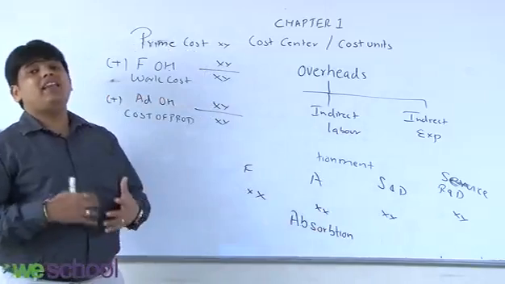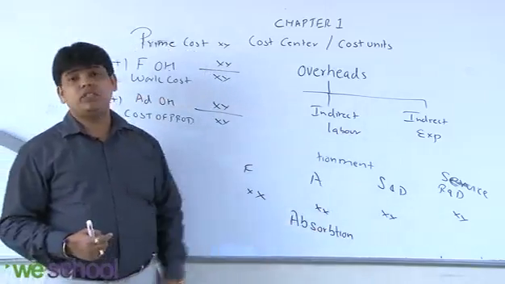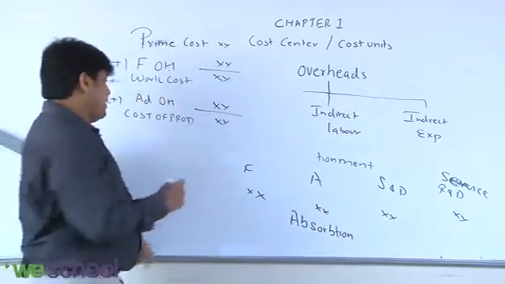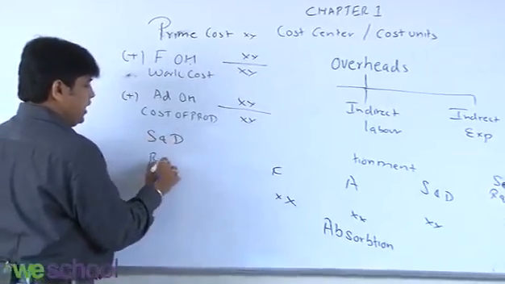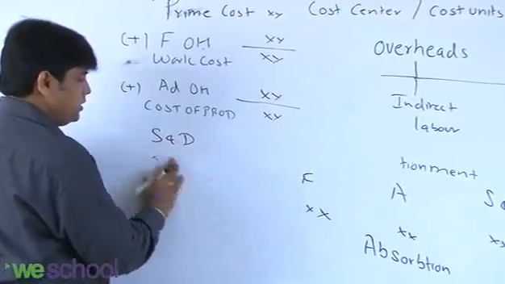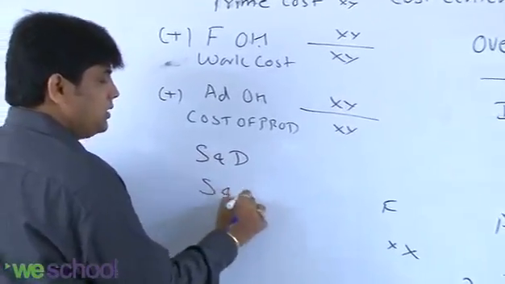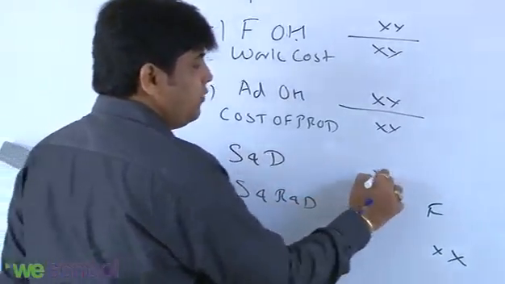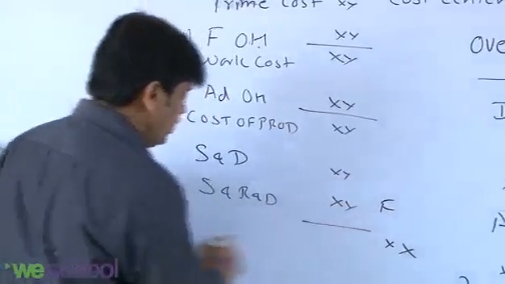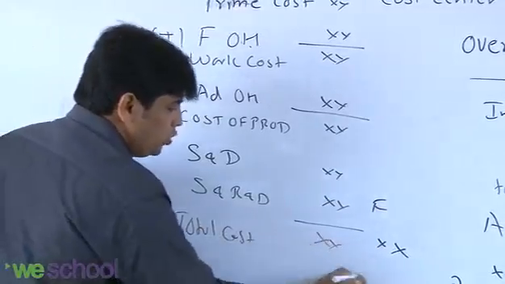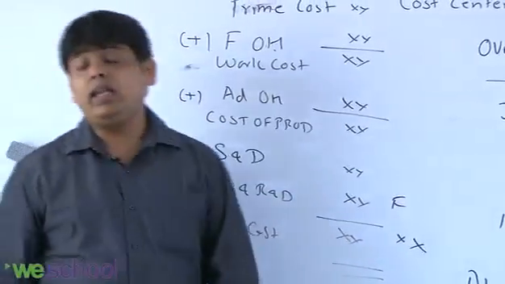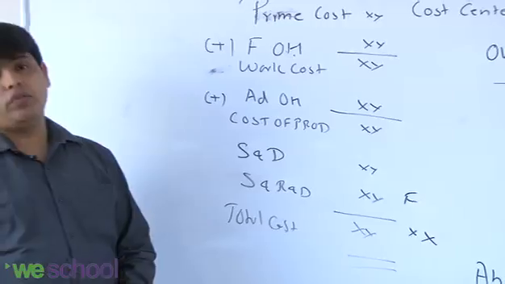Or there is the trial and error method also to distribute these service department expenses. So by adding all those expenses, selling and distribution, service department, and research and development expenses, we get the total cost of the product.